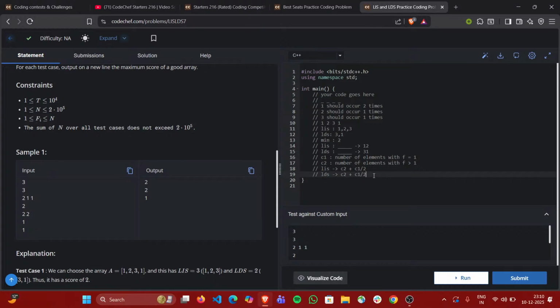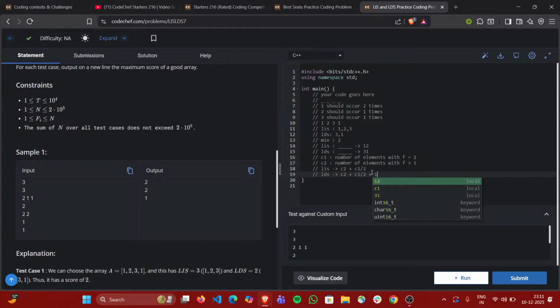And as I told you, there will be one meeting point of these two, right? Like in this case, the meeting point was, so 1, 2, 3 and 3, 1. So the meeting point was at 3. These subsequences have to meet at one point for the best case, right? So what will happen in that case? I can assign one more element on either side.